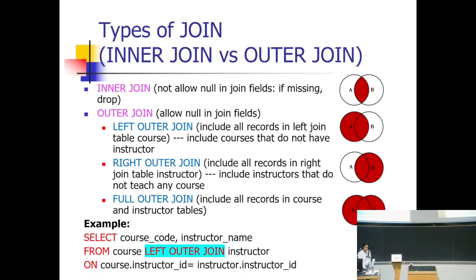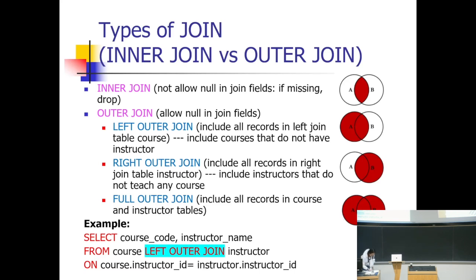Now the left table is instructor, so this is different from the previous query. In this case, it returns everything from the left table, which is instructor, even if the corresponding value in the course is null. That means it returns instructors who are not teaching any courses, where the course value is null.